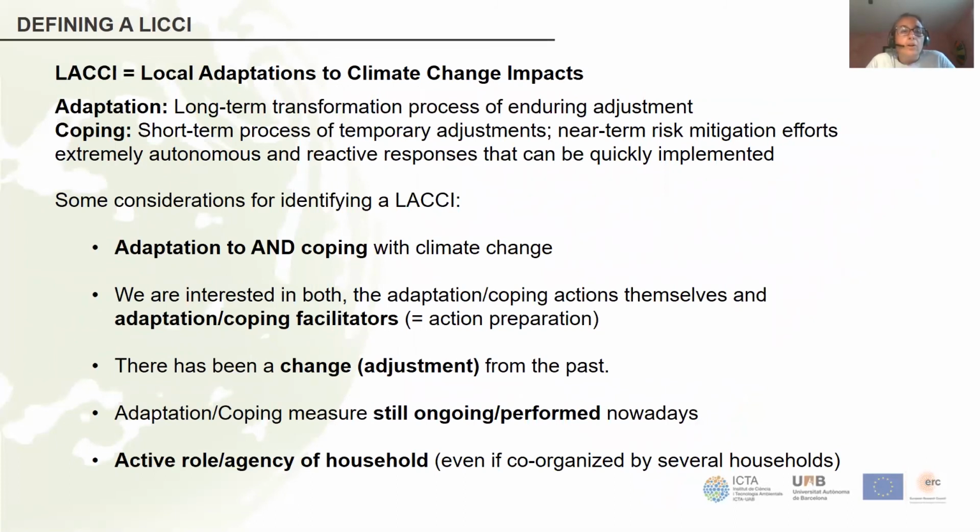The other important concept for us is the LACCI. So we are also collecting information on what are the adaptations that people are developing to adapt to climate change. The literature differentiates between this concept of adaptation and coping. Adaptation is more long-term and coping is more short-term.